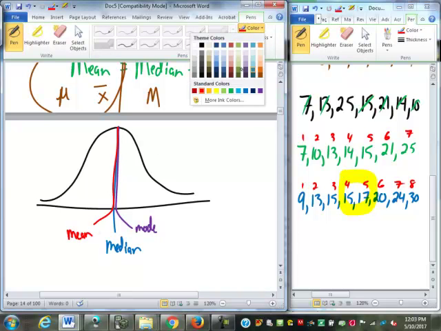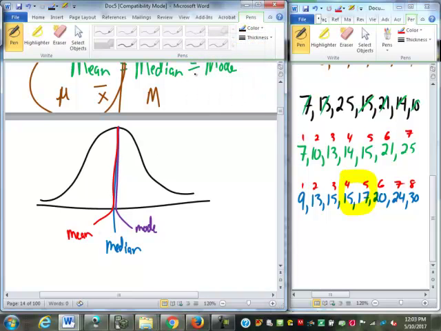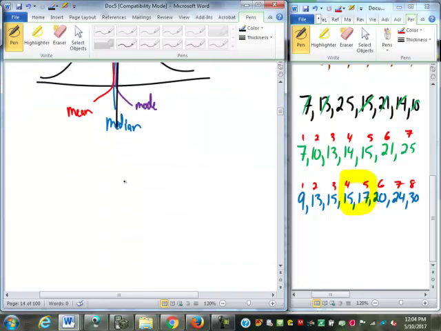Now, if they're not the same, what does it mean? Well, this, like I said, is perfectly normally distributed. Perfectly normally distributed, it's symmetrical. I could cut this down the middle, and one half would fold over onto the other half. If it's not symmetrical, it's considered skewed. So if it looks like this, I'll make it a little smaller, I'll put these side by side.